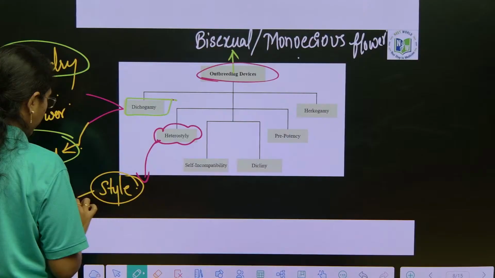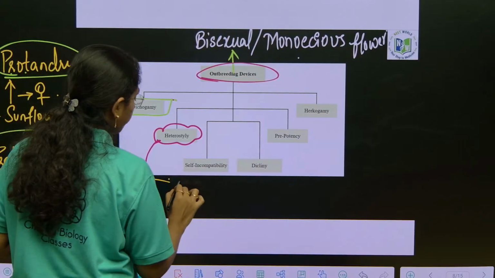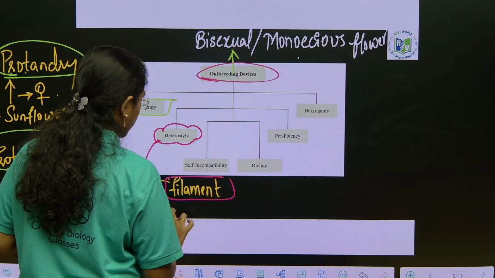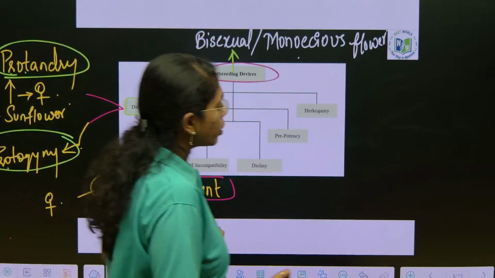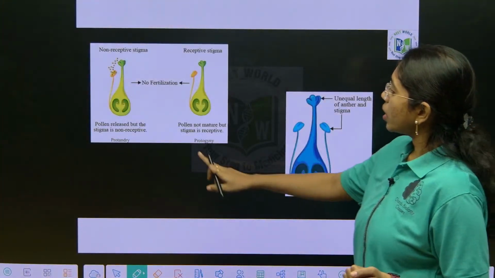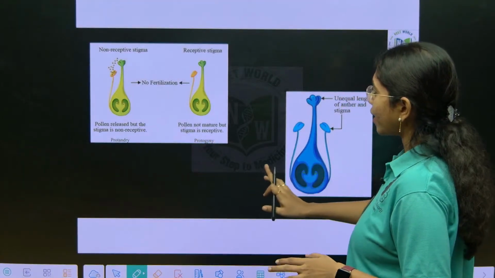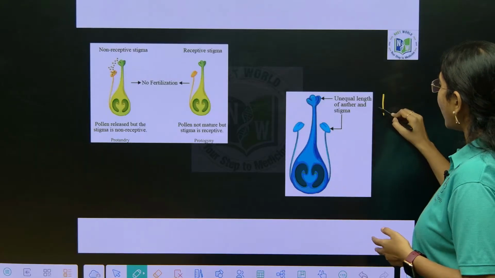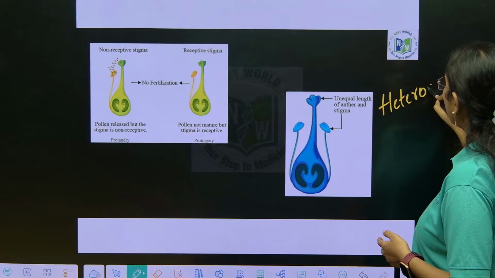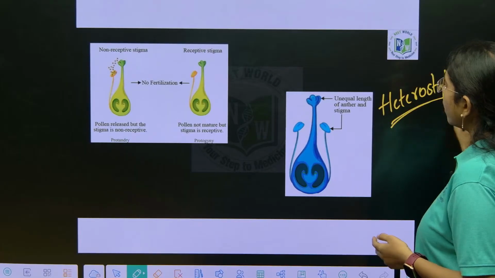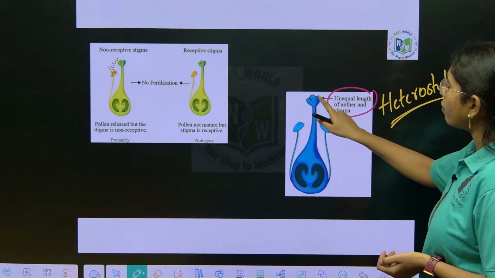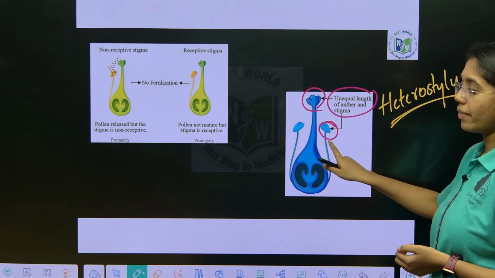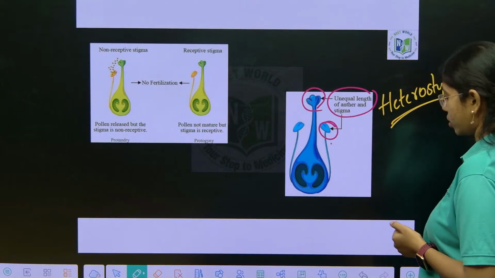So, if you see here, protandry and protogyny is explained, right, prior maturation, and here this image stands very good for heterostyly. This is the best example for heterostyly, where you can see unequal length of anther and stigma. Clear, right? Here it is stigma, here it is anther. How is pollination possible? Not at all possible.